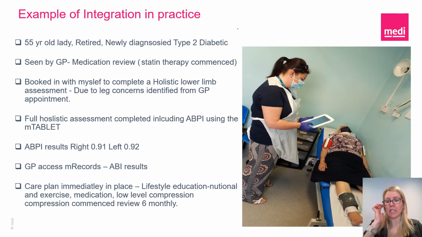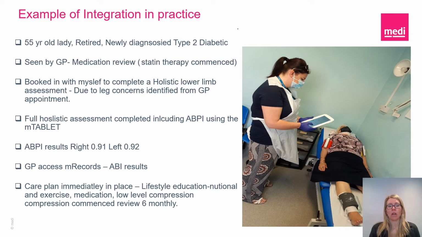Her assessment sat within the M records and the GP was able to access this at any time. But a care plan was immediately put in place to try and slow up the disease progression that this lady may experience if this programme was not initiated. And within the care plan, there was a discussion around her lifestyle, her nutritional intake and the exercise that could benefit her, including the review of her medication.